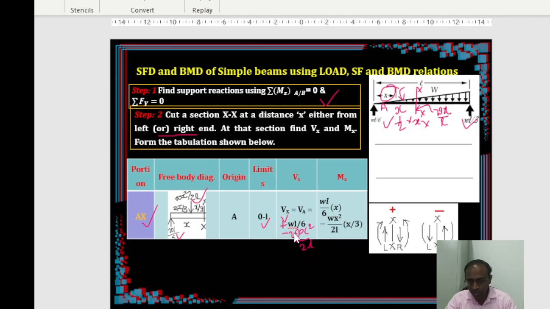So if you want to draw the shear force diagram, put the upper and lower limits, that's all. If you substitute the lower limit, you will be getting WL by 6. So put that here.